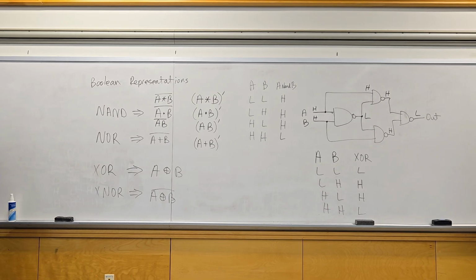Yeah. Those are truth tables, not these are state tables. They're slightly different. No, low would be false and high would be true.